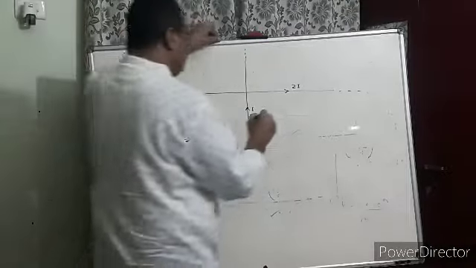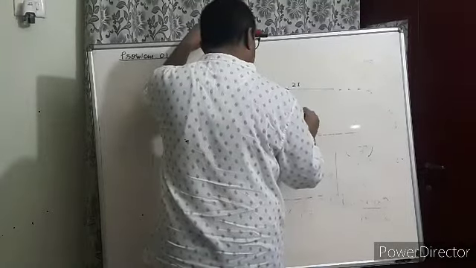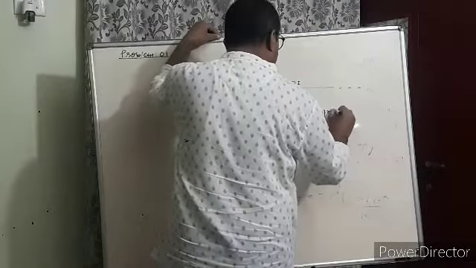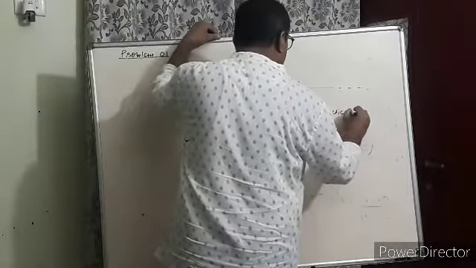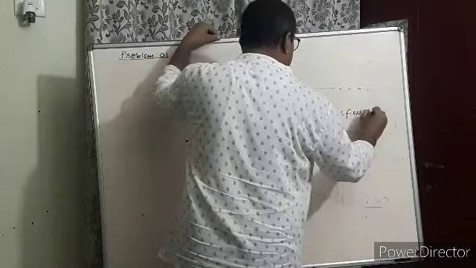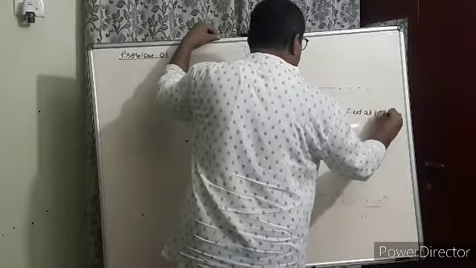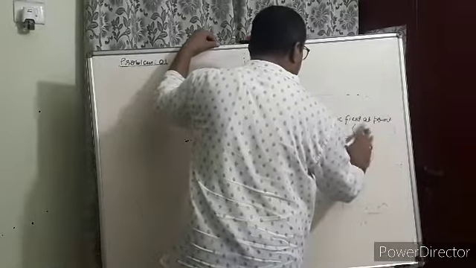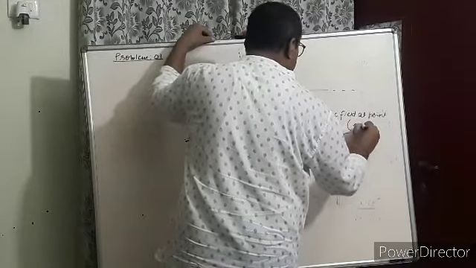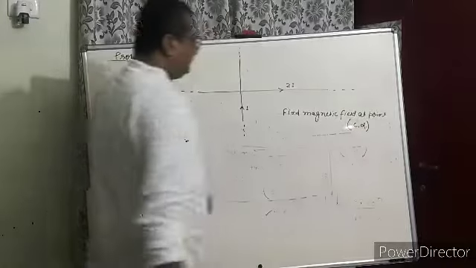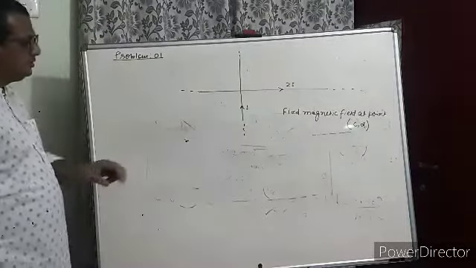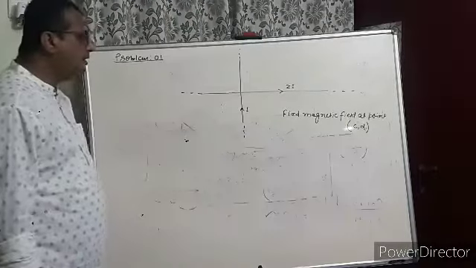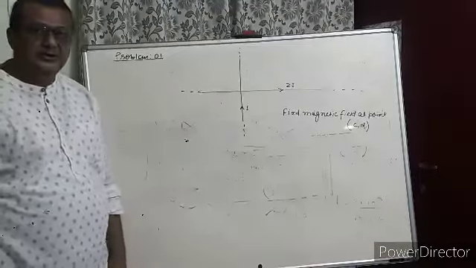Find the magnetic field at point A, at point C, D. This is the coordinate. C is the x coordinate and D is the y coordinate.